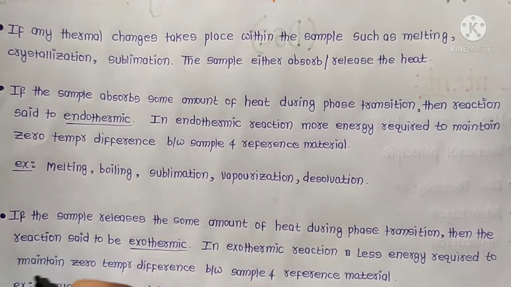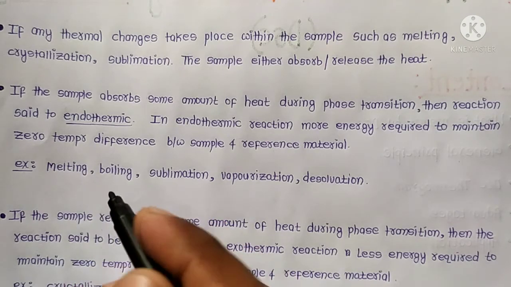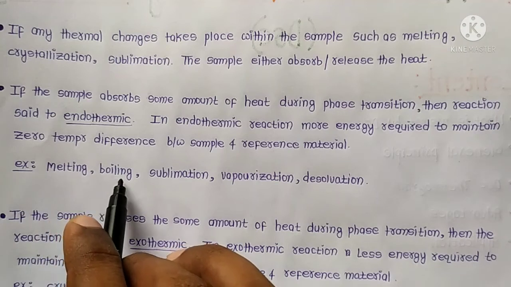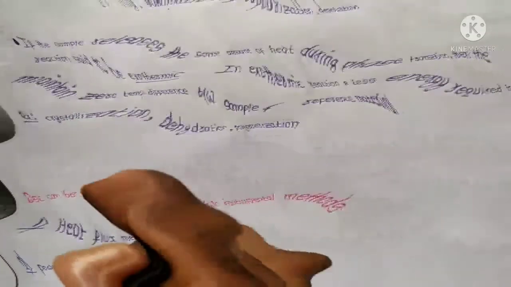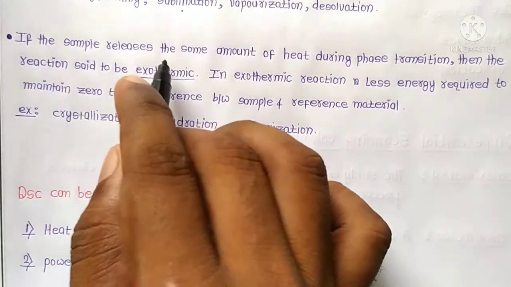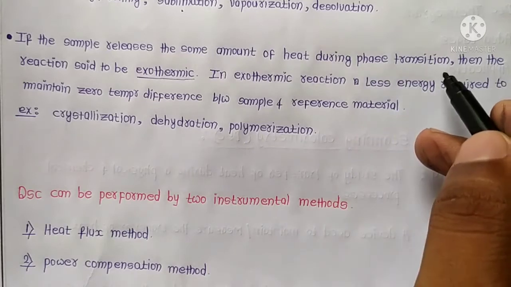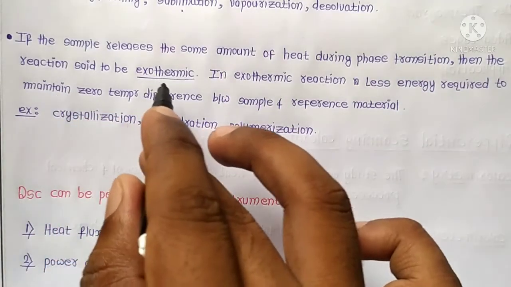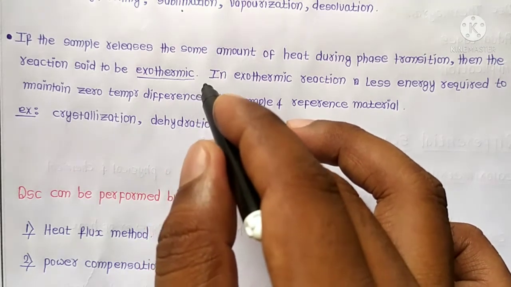If an endothermic process takes place within the sample, it indicates processes like melting, boiling, sublimation, vaporization and dissolution. On the other hand, if the sample releases some amount of heat during the phase transition, the reaction is said to be exothermic. Exothermic means release of heat by the sample.